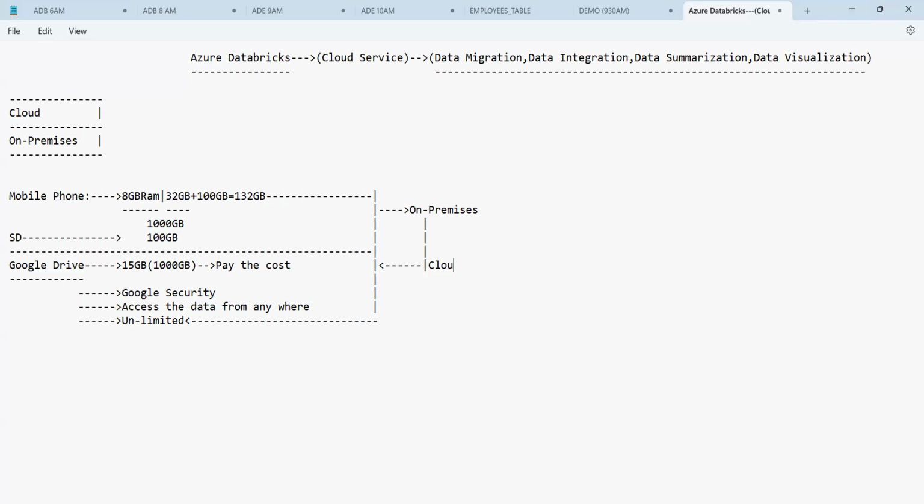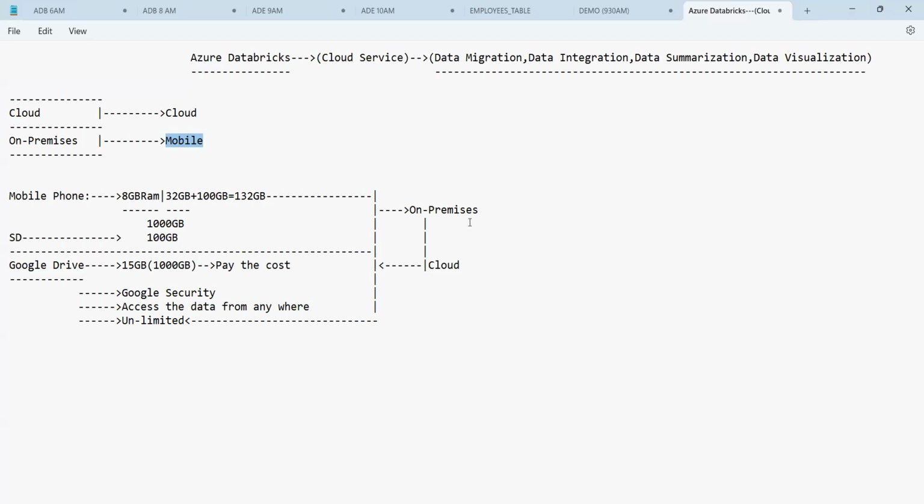Storing data in the Google Drive is called data on cloud, whereas storing the data in the on-premises environment is nothing but storing it in the mobile phone. This is the process we are doing right now.